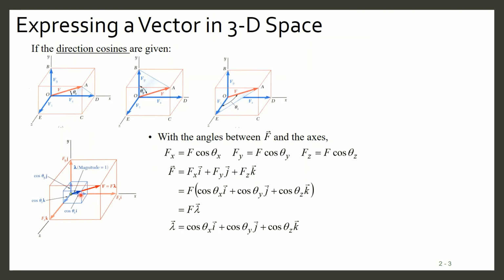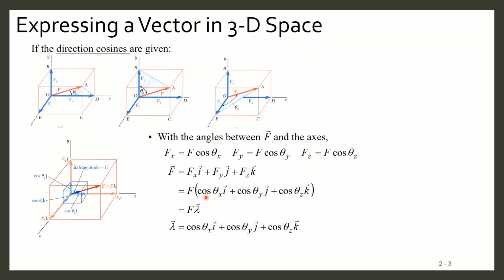Where i is the unit vector in x direction, j is the unit vector in y direction, and k is the unit vector in z direction. Now we can replace Fx, Fy, and Fz by these three expressions, and you can take F common. Then vector F will be equal to F times (cos theta x i plus cos theta y j plus cos theta z k).